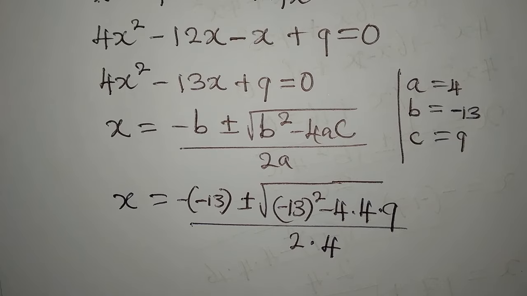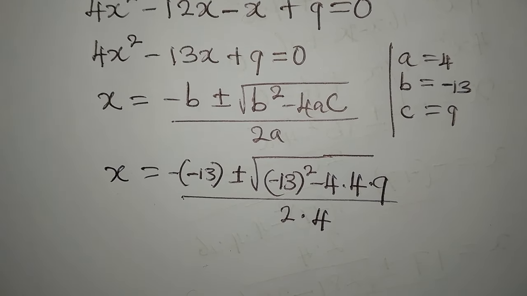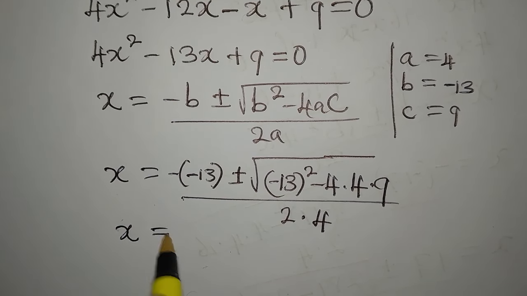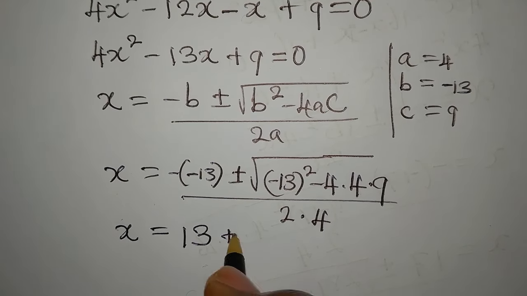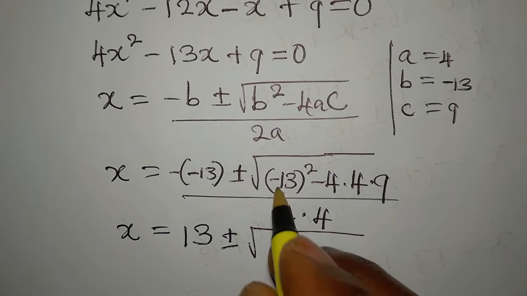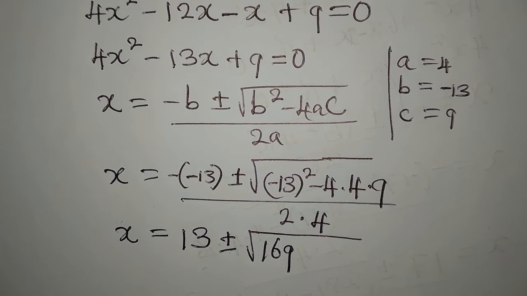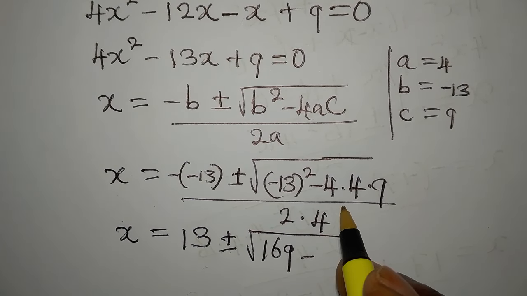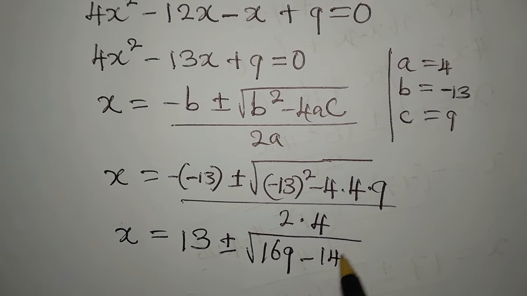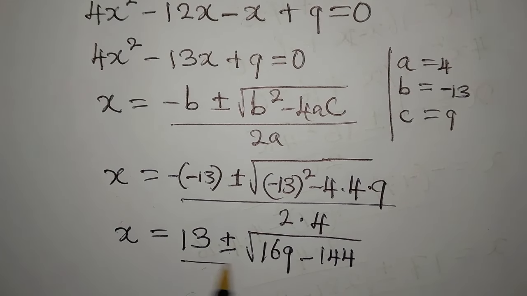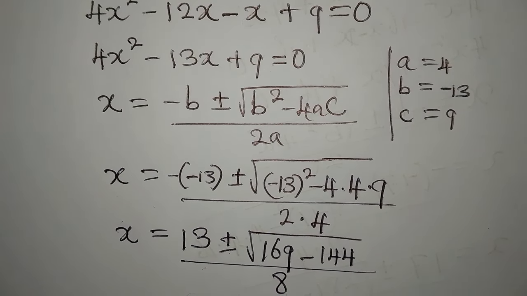So we will proceed from here. Okay, so x now is 13 because negative is positive, plus or minus 13 squared is 169, negative will become positive, then minus 4 times 4 is 16, 16 times 9 is 144, then we divide by 8.